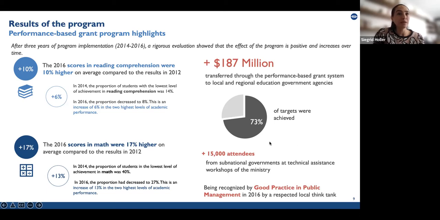It has also led to additional result-based financing mechanisms being implemented in the ministry. Besides this program that is incentivizing regional governments, we also have programs that incentivize public universities, schools and many others, which speaks to how beneficial this program has been for the ministry.